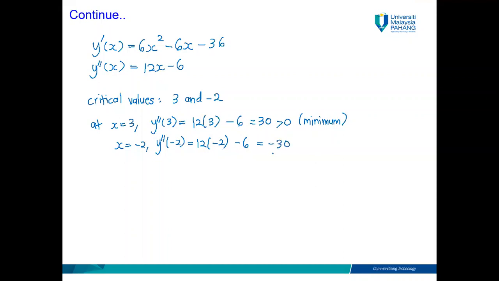So -30 is negative, so dia less than 0. So opposite, dia less than 0, dia adalah maximum point. So what can we conclude here?